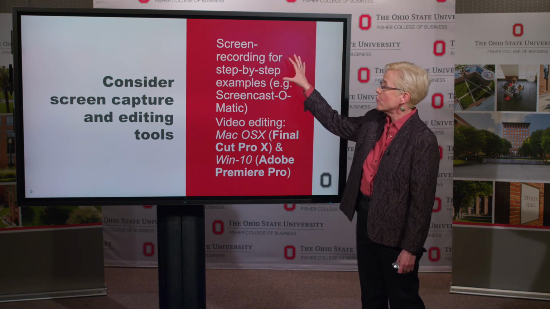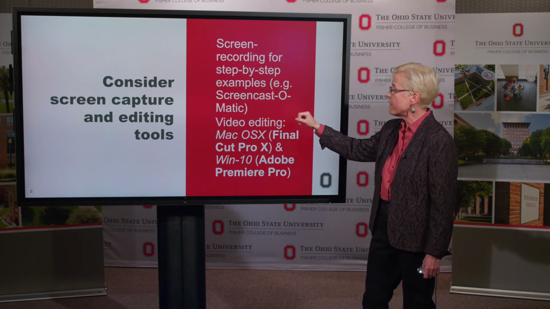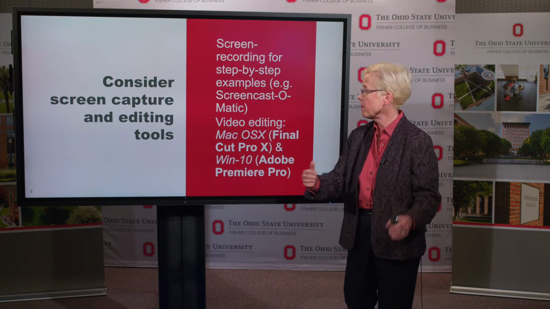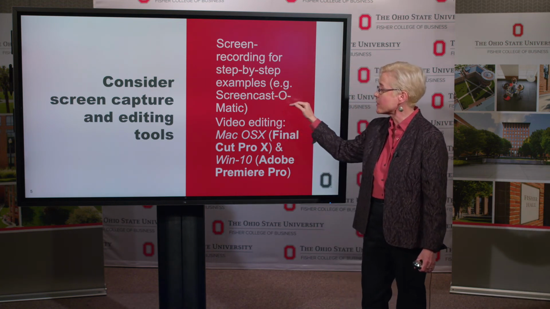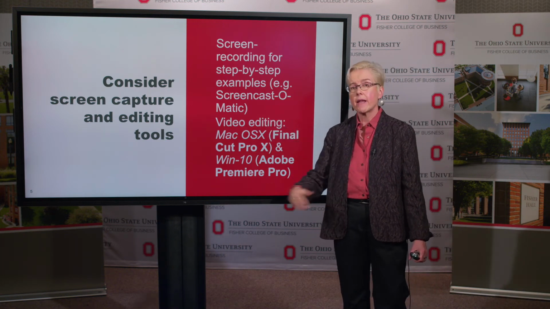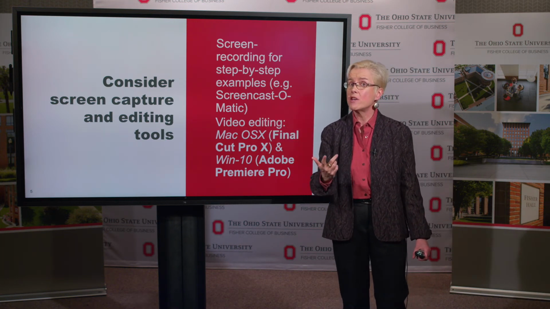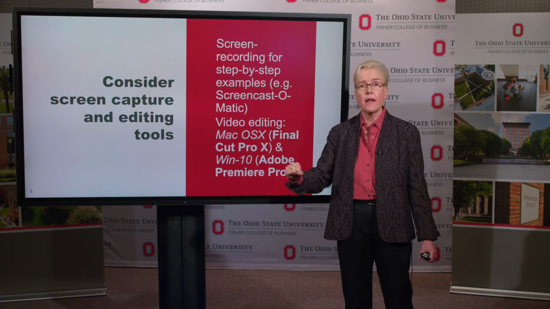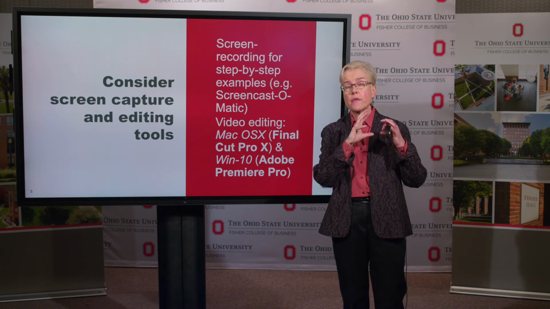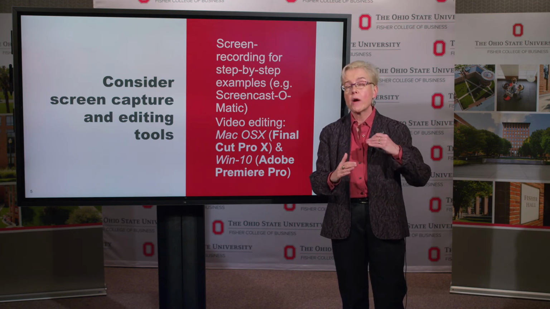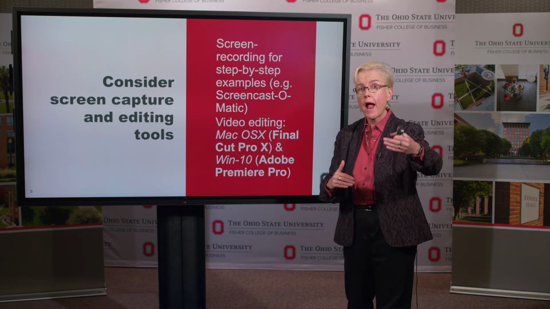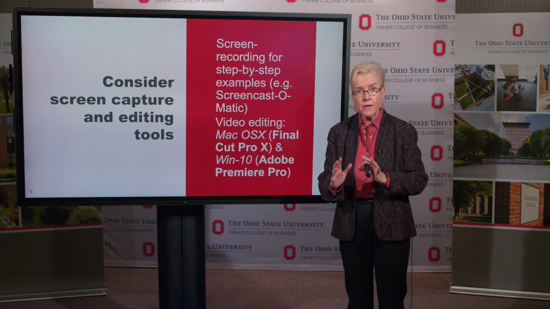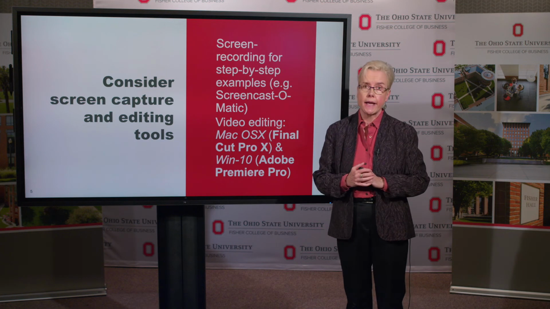So when you do screen recording, if you have to do step-by-step, let's say that you're in the tech support community, something like Screencast-O-Matic, which you can get the license free, or you can spend $29 to $39 a year for it. Screencast-O-Matic gets it done and allows you to do the screen capture, as well as voiceover dubbing, as well as transcription, as well as very simple, easy to use, easy to learn editing.